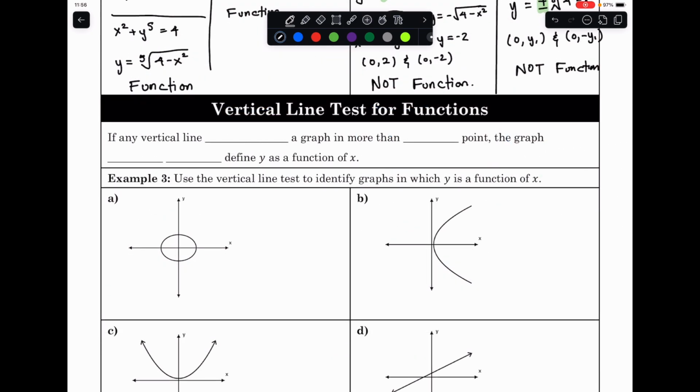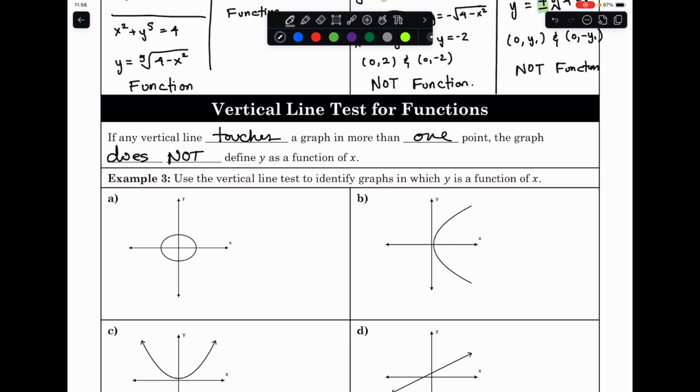And ultimately, the last way to verify if a relation is a function is if we use a graph, using what's referred to as the vertical line test. It states that if any vertical line intersects a graph in more than one point, then that graph does not define y as a function of x.